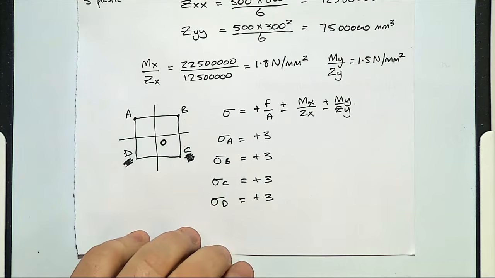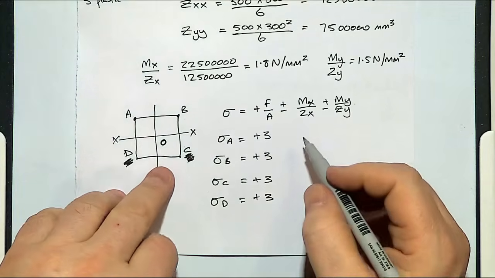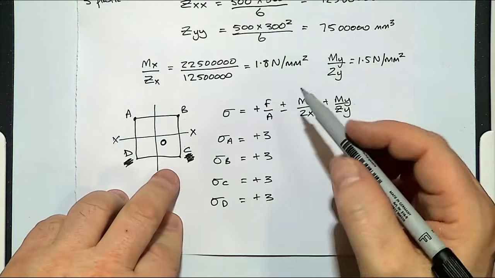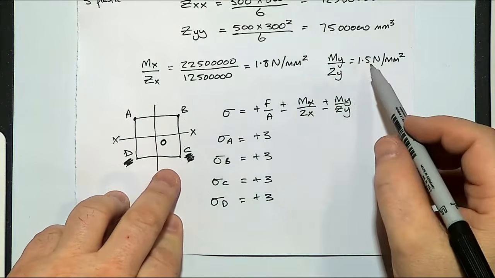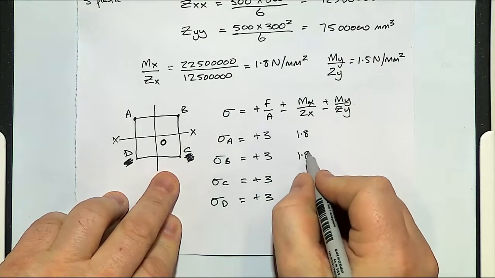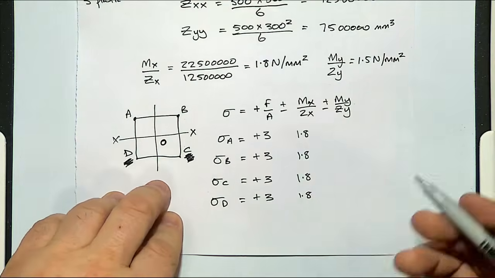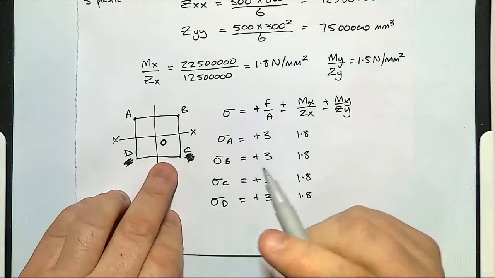In terms of across the XX axis, our Mx over Zx is 1.8. So I'll put my 1.8 values in. Now, whether they're plus or minus.